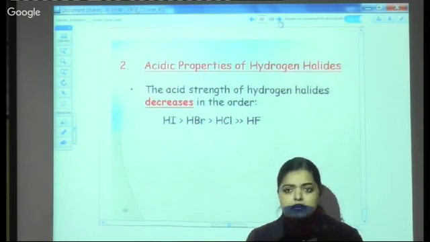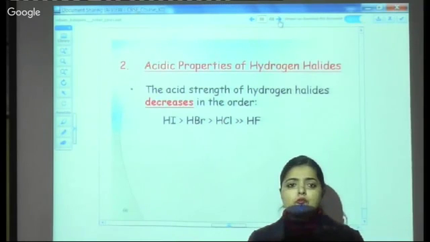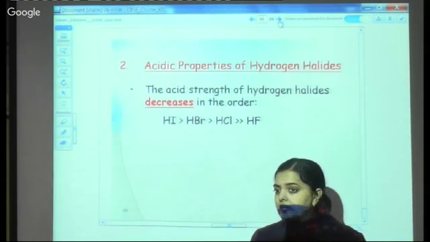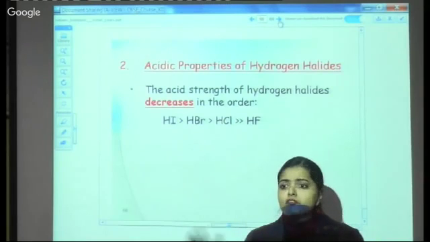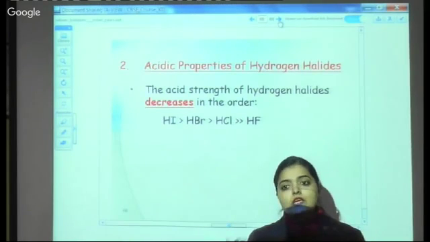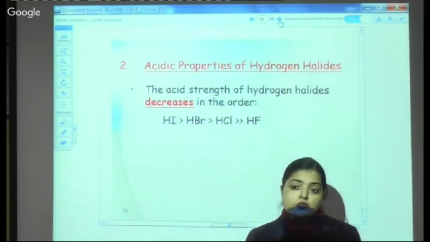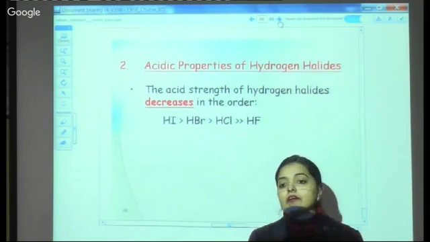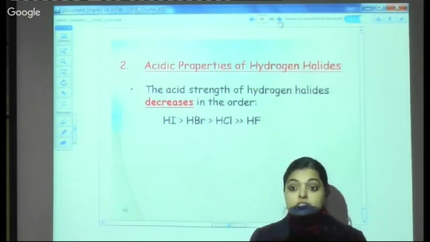Since HF is very well bonded with hydrogen all the time, it won't allow hydrogen to go away and give an acidic kind of nature. However, iodine, because of its very big size compared to the hydrogen, does not bond very well. Because of which it gives away hydrogen very easily. So in that case, it is a good acid.